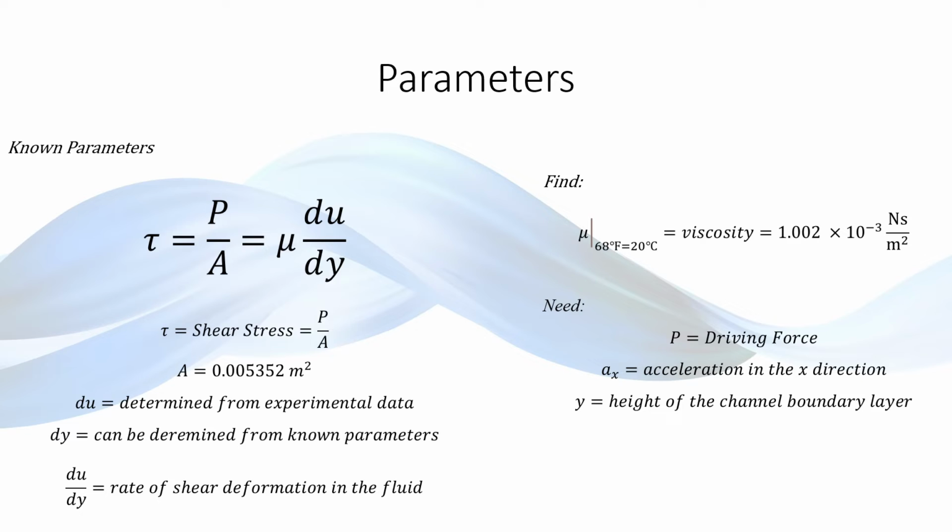The velocities were measured from the experimental data, and the height or thickness of the boundary layer can be determined from other known parameters in the experiment, such as the area and the volume of the channel. We are using the viscosity itself as a known tabulated parameter, and it is the mechanism being used to verify the law of viscosity. We need to determine a few more parameters such as a driving force, acceleration in the x direction of the plate, and the height of the boundary layer.